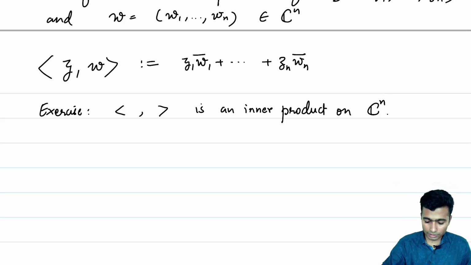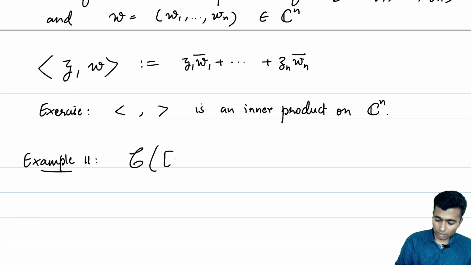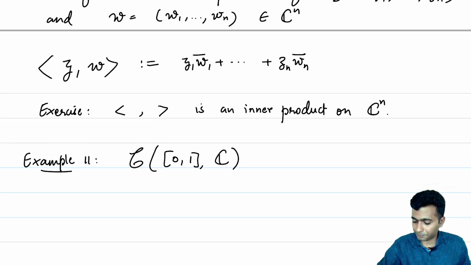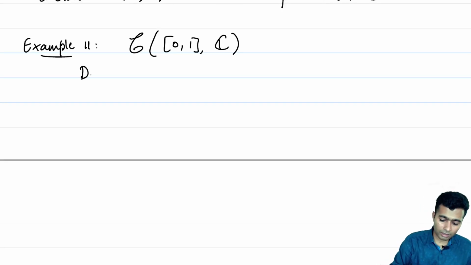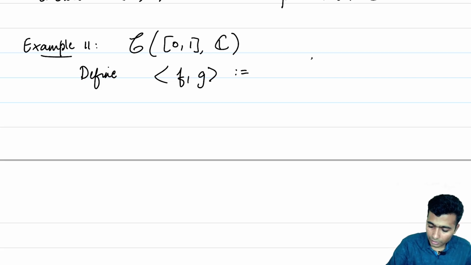Okay, so let's next consider another example, 11. Let's look at complex valued continuous functions from 0 to 1. Define the inner product of two such functions. We have already noted that this is a vector space over C, and let's define the inner product like we have defined earlier, but let me use simple notation to write it as f g bar.